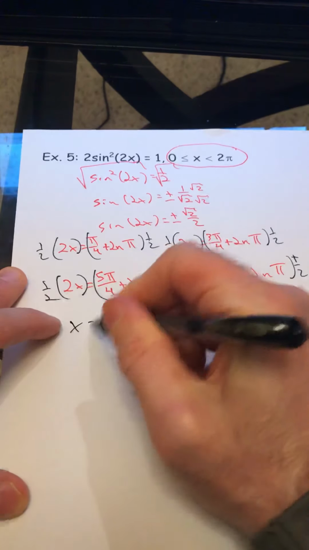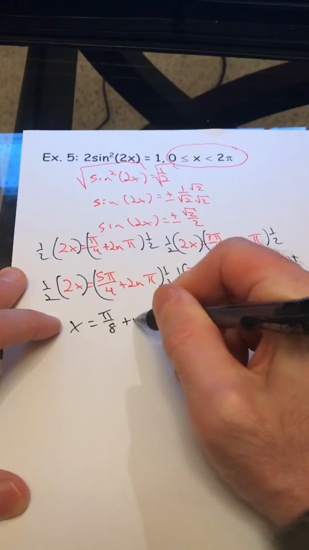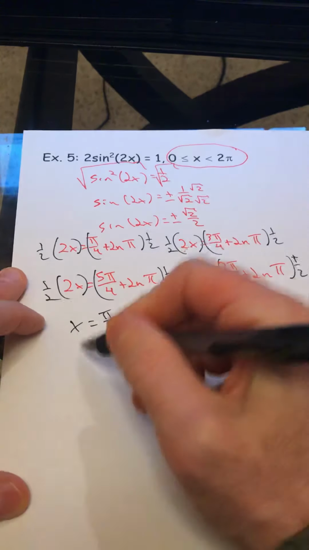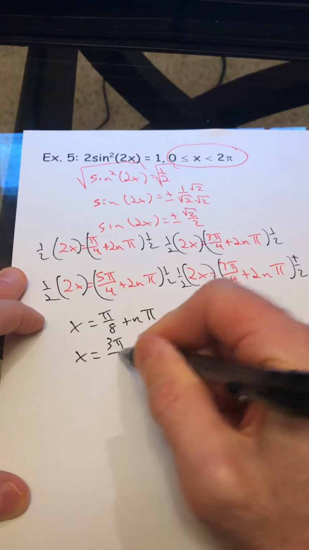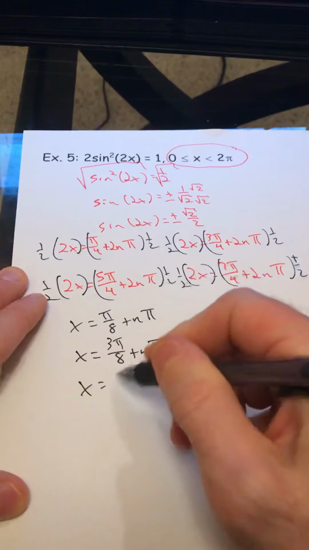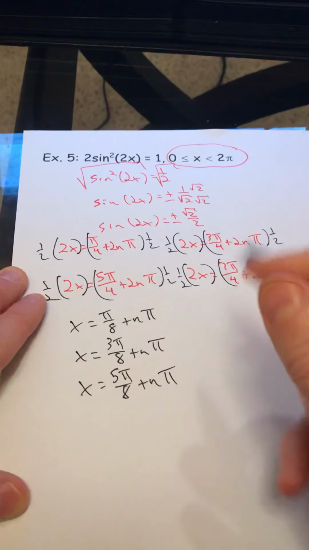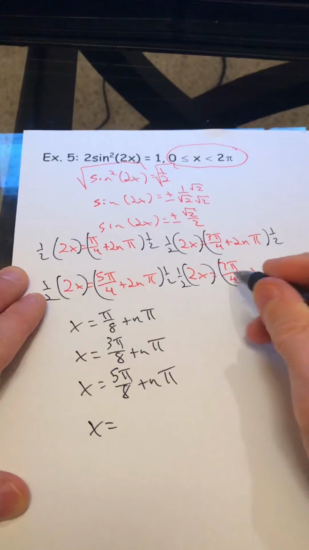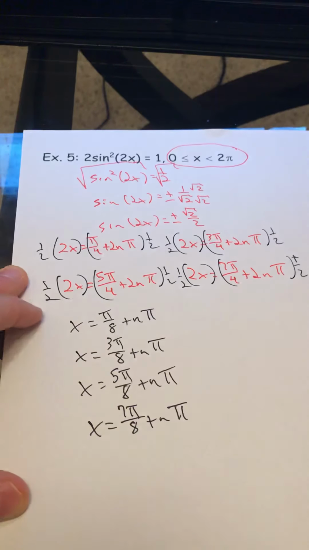So x will equal pi over 8 plus n pi. x will equal 3 pi over 8 plus n pi, 5 pi over 8 plus n pi, and 7 pi over 8 plus n pi.